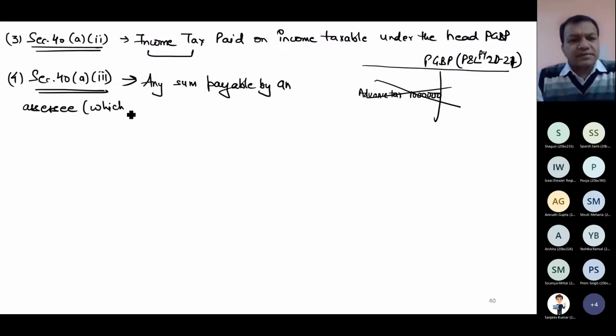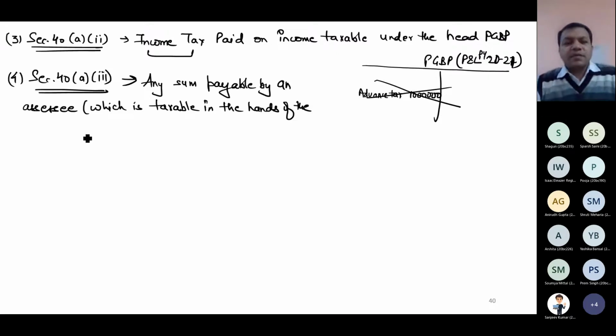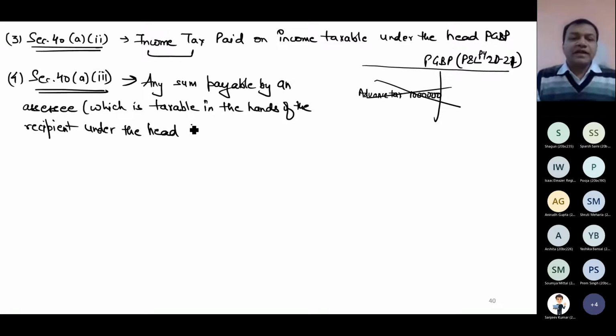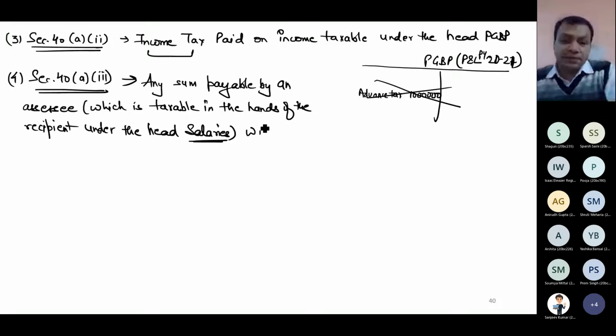Now this sum is taxable in the hands of the recipient under the head salaries. That means this section basically covers only the employers without TDS. This section basically covers only the employers.